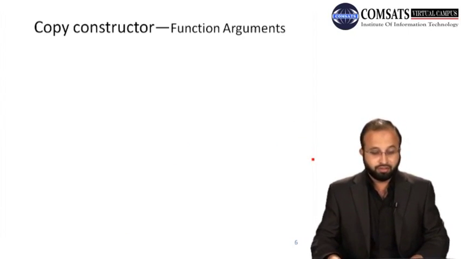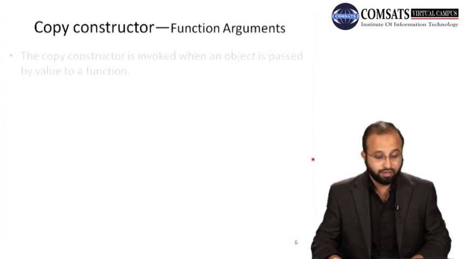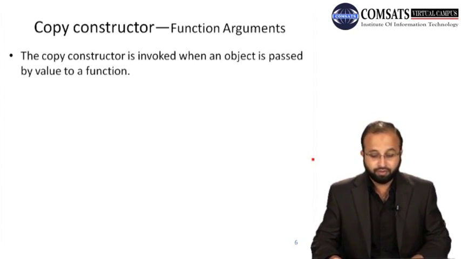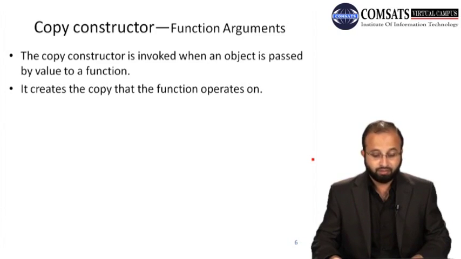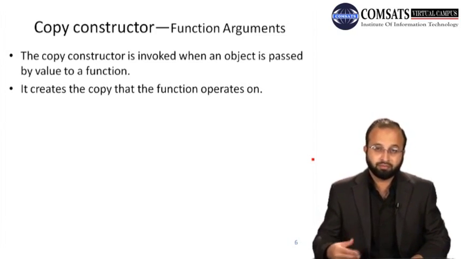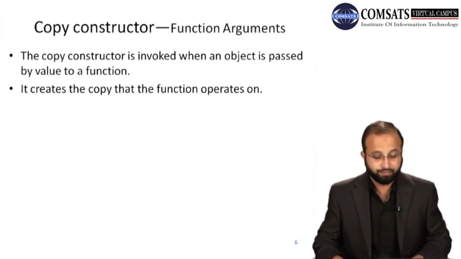Copy constructor function argument in a little bit more detail. The copy constructor is invoked when an object is passed by value to a function. It creates the copy that the function operates on, right. So it makes a local copy for the function, on which the function operates, and the function accesses the private data member values, whatever.